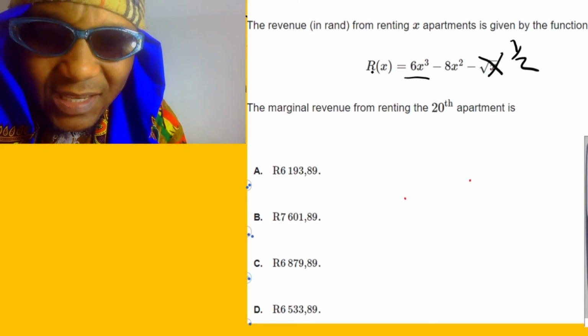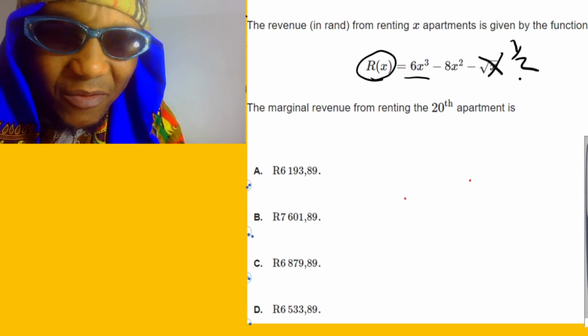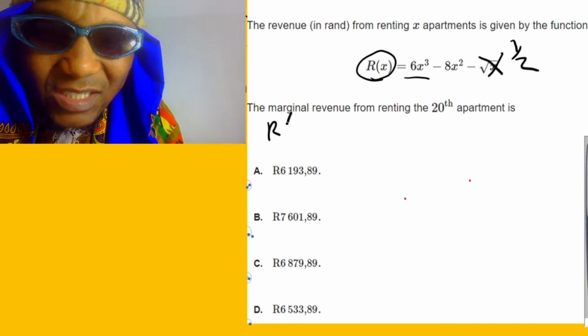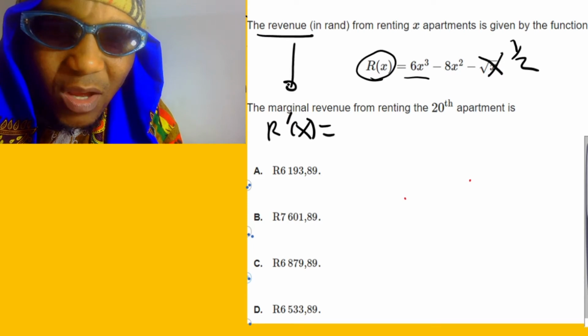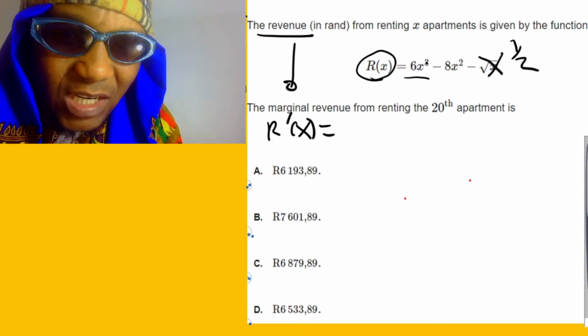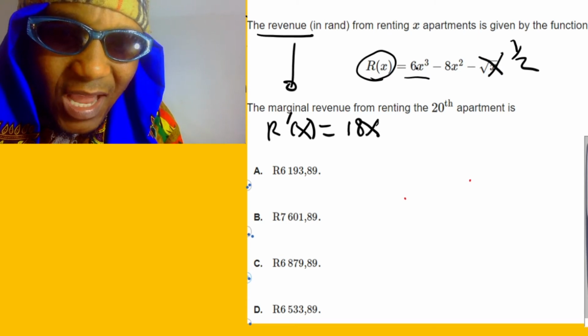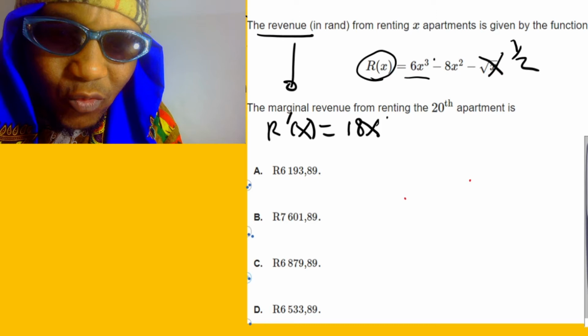So let's differentiate now. If everything is in power, now you can differentiate. We're going to say R dash, meaning marginal. If you want to get from revenue to marginal, differentiate. So R dash. When you differentiate here, take the number on top, multiply by the number behind. 3 times 6 equals 18. Then write your x and take the top number minus 1. 3 minus 1 equals 2.